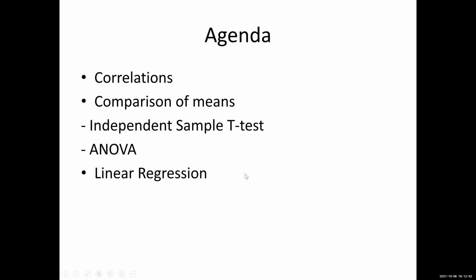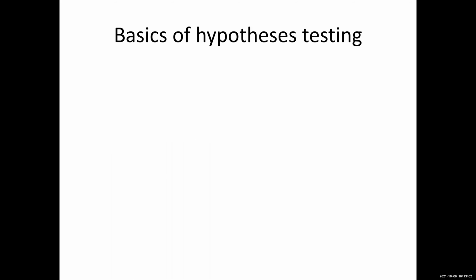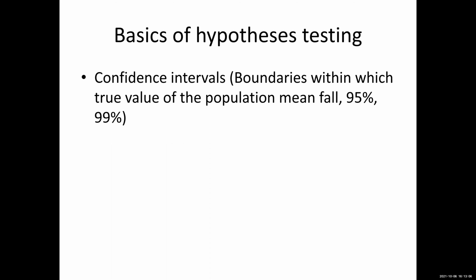Okay, so we'll talk about comparison of means, and in comparison of means, we'll talk about the independent sample t-test and ANOVA, and then linear regression. And very briefly, we will touch upon the correlations part because we already talked about this in the last two sessions.